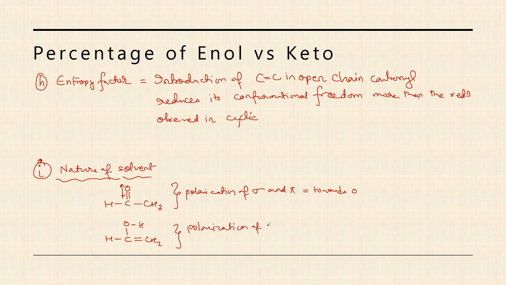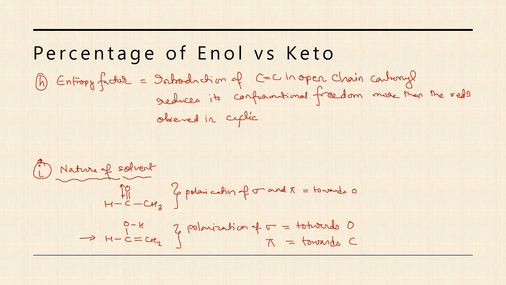इसमें क्या होता है कि polarization of sigma is towards oxygen and pi electrons is towards carbon. Why?